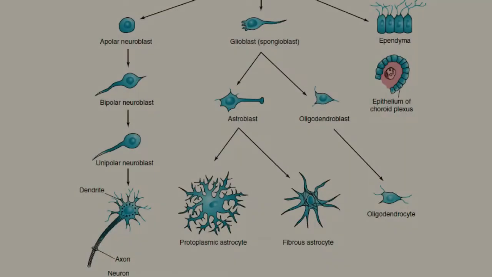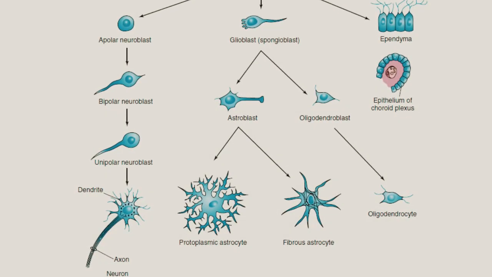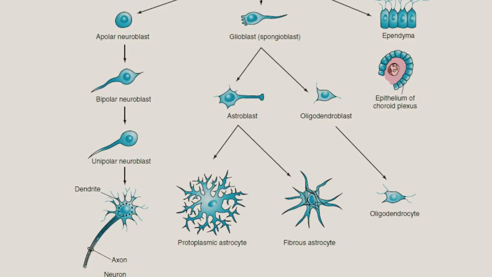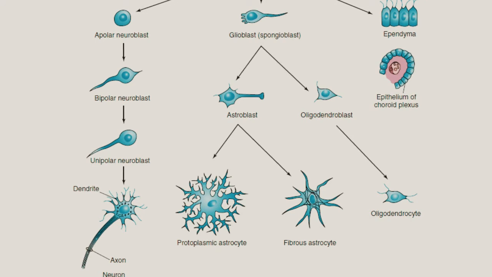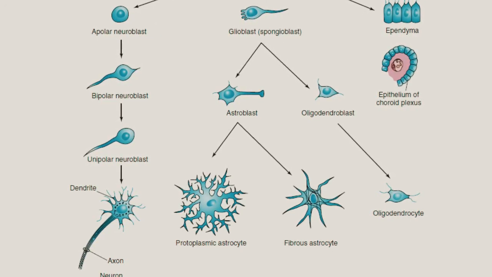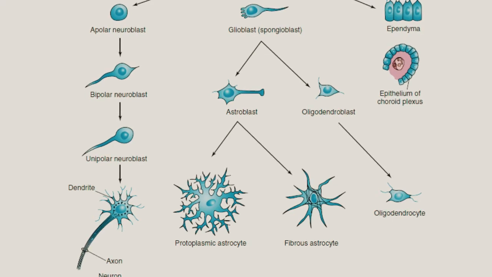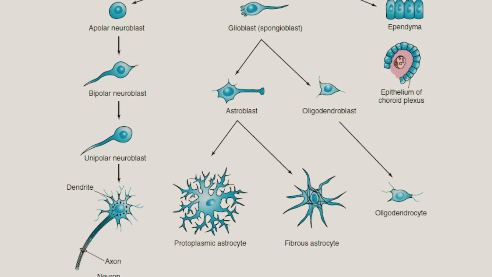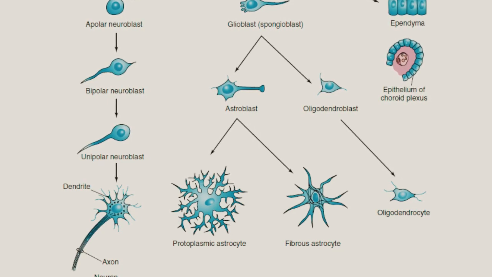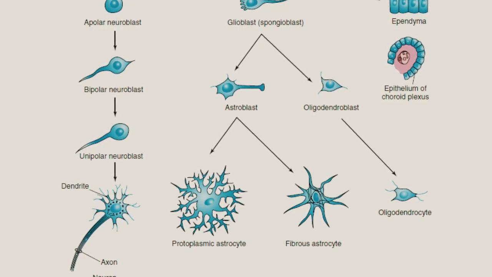So the glioblasts, which have differentiated from neuroepithelial cells, are going to migrate to the mantle layer. Those that reach the mantle layer are going to form a group of glial cells we call astrocytes. So the astrocytes, we are going to have the protoplasmic astrocytes, and also the fibrillar astrocytes.